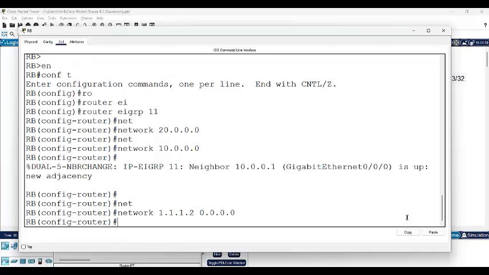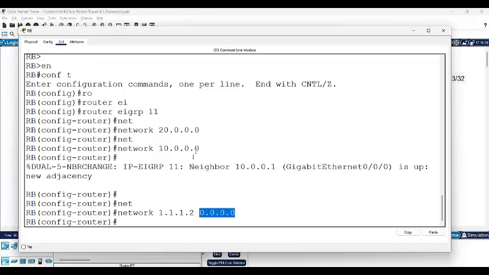This means that all these four numbers, if it matches, then advertise. Whenever you want to match all four octets, only then you want to run EIGRP, then you have to use this wildcard mask. Wildcard masks help to match beyond the classful.